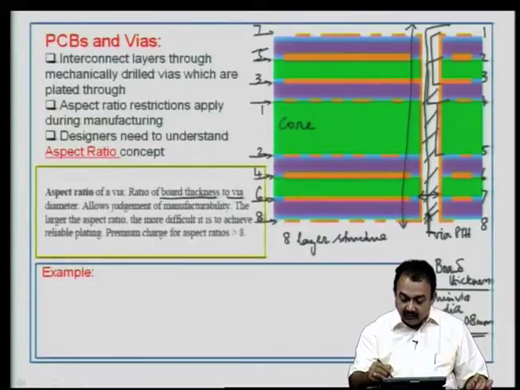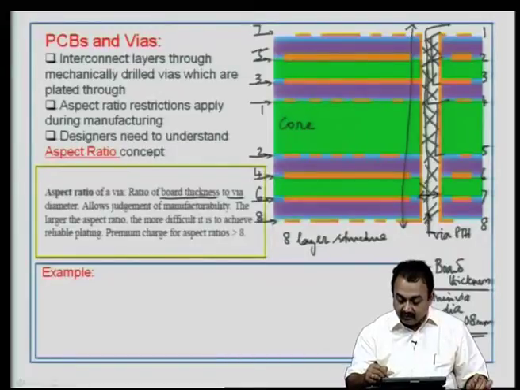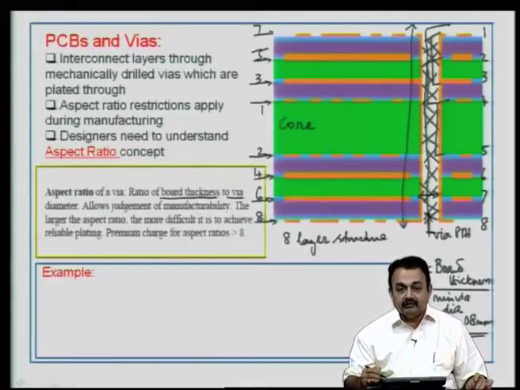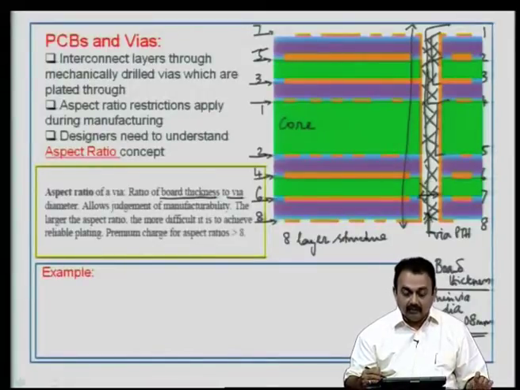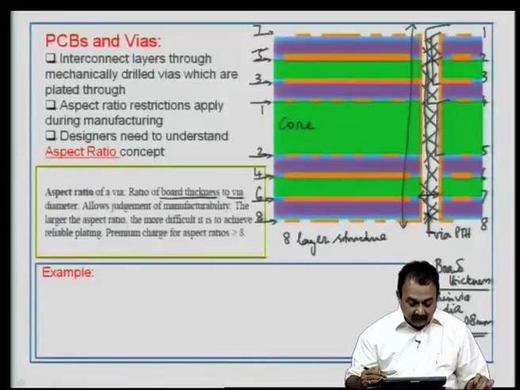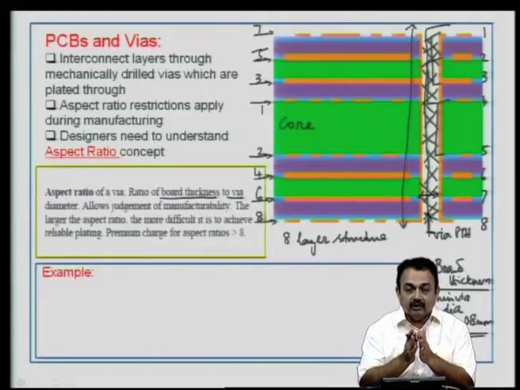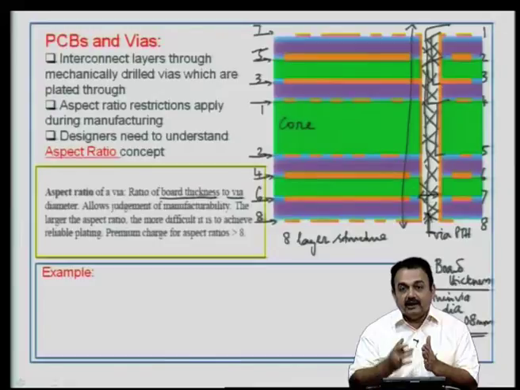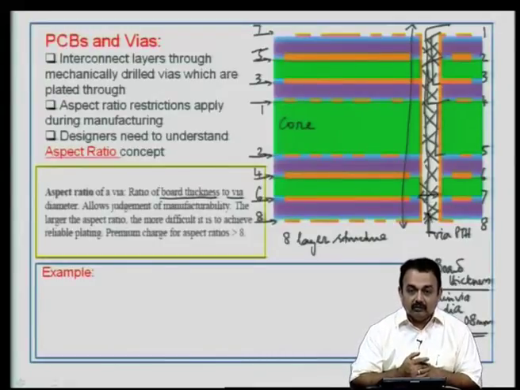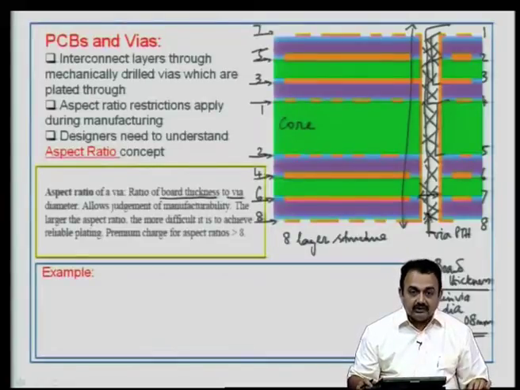If the hole is very small, then the wetting process inside the hole wall is going to be very tough. That is why they say aspect ratio has to be normal. If it is abnormal, like having an aspect ratio of 8 or more, you can imagine that it is going to be a very small diameter hole, and the reliable plating inside the barrel of the hole is going to be extremely difficult, even with the best of chemistries and technologies.